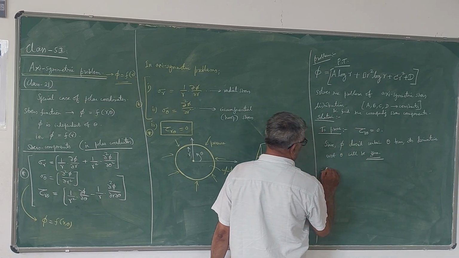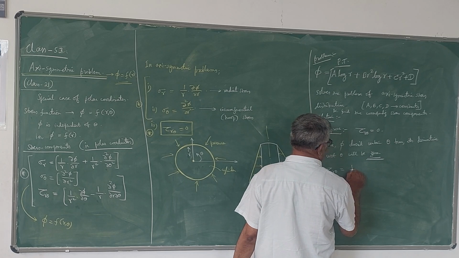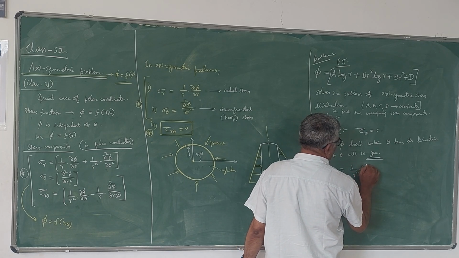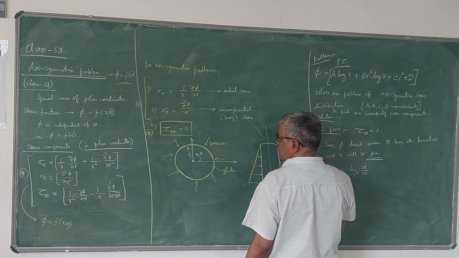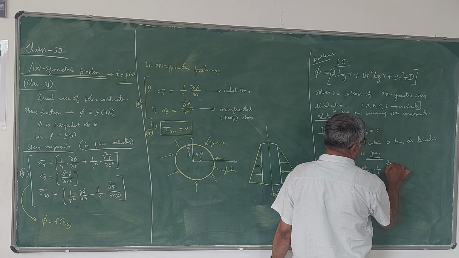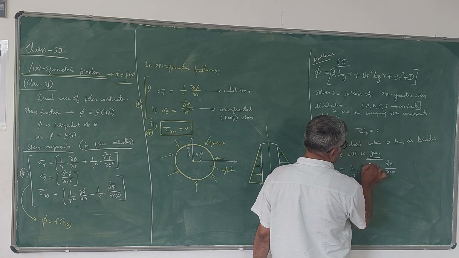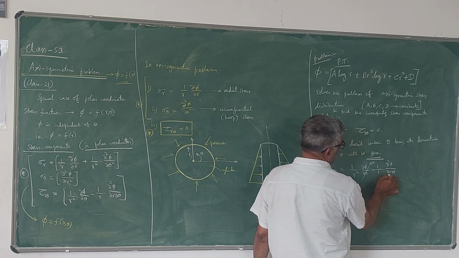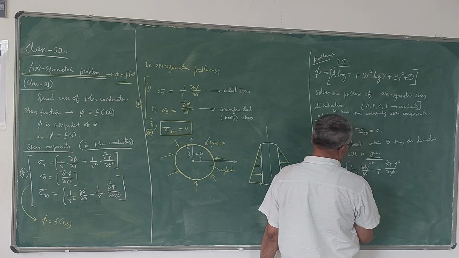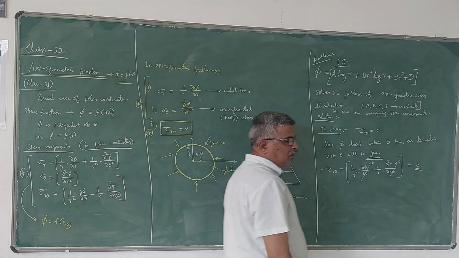Therefore tau r theta, the formula for which is 1 by r square into dou phi by dou theta minus 1 by r into dou square phi by dou r dou theta. Since both these contain derivatives with respect to theta, both will be 0, therefore tau r theta is 0.